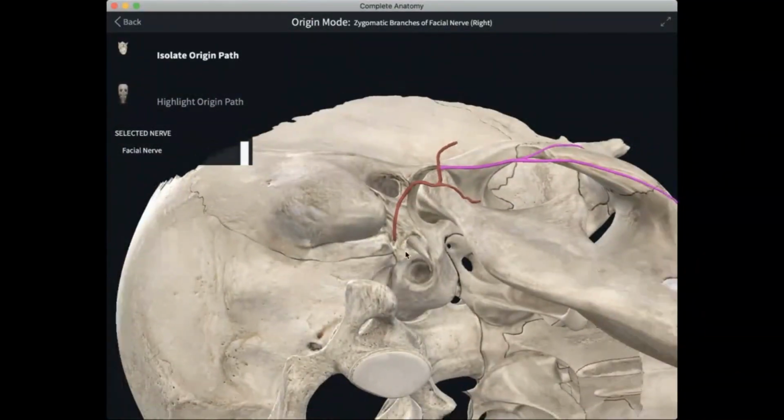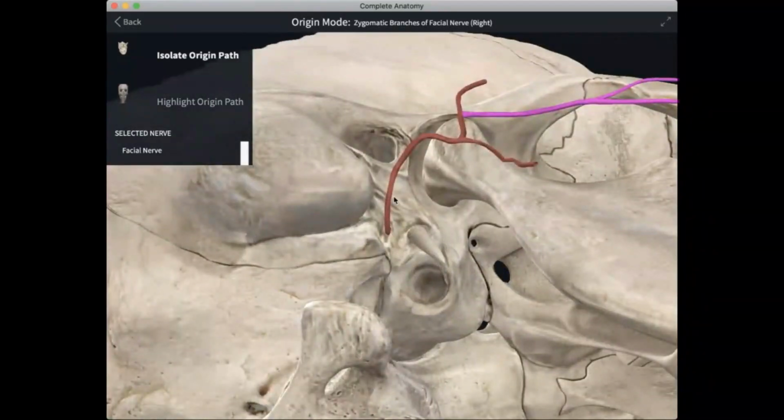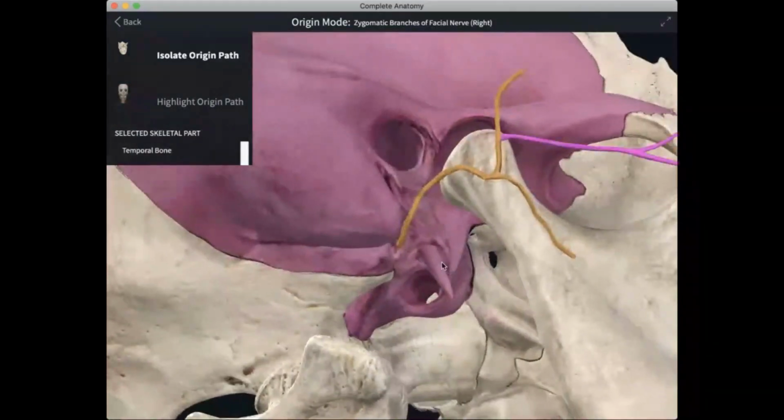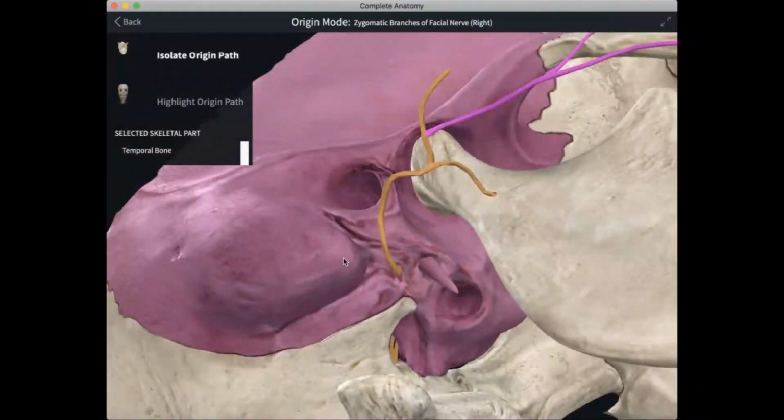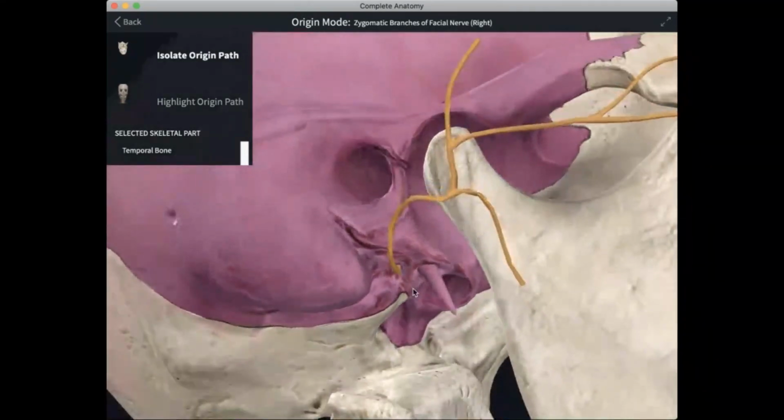Then after the middle ear, there is a small hole in the base of the temporal bone called the stylomastoid foramen. This horn-like structure is called the styloid process, and this projection is the mastoid process. In between these two, there is a small hole, the stylomastoid foramen.